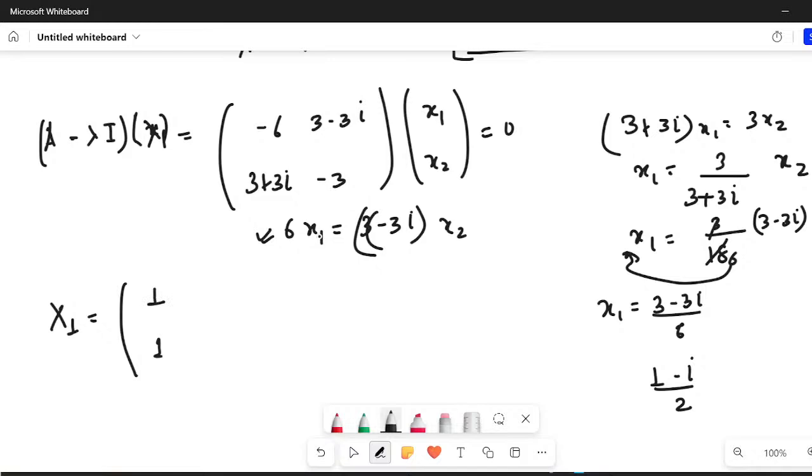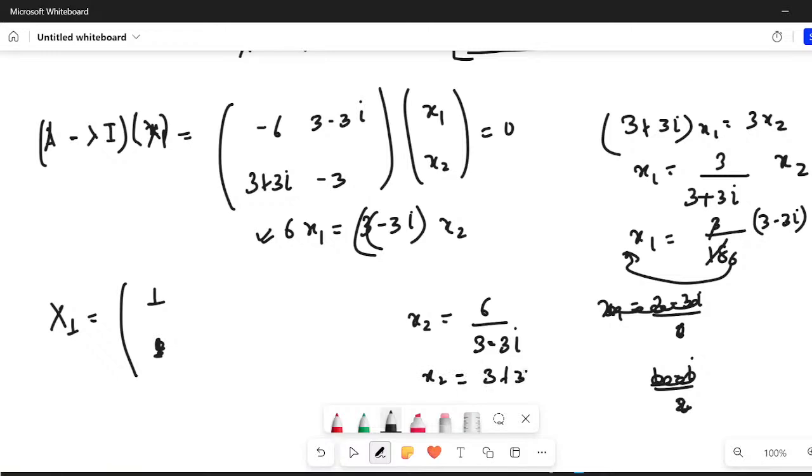If I take x1 as 1, what I'll get? I will get that x2 is equal to 6 upon 3 minus 3 iota. So if I take this as 1 instead, you can take this also, just for convenience, I want that somehow it gets a cancellation. So okay, that would also do.